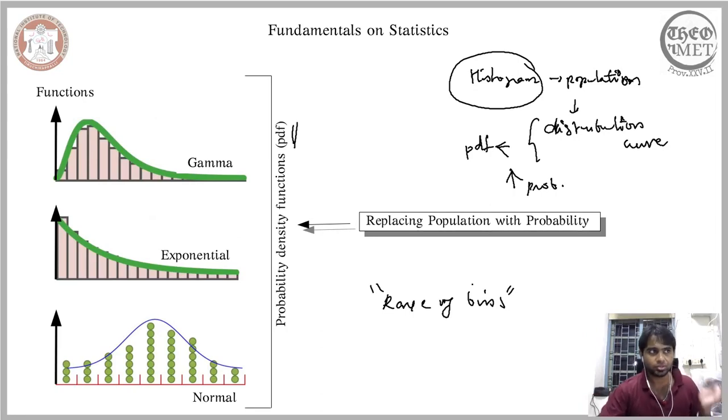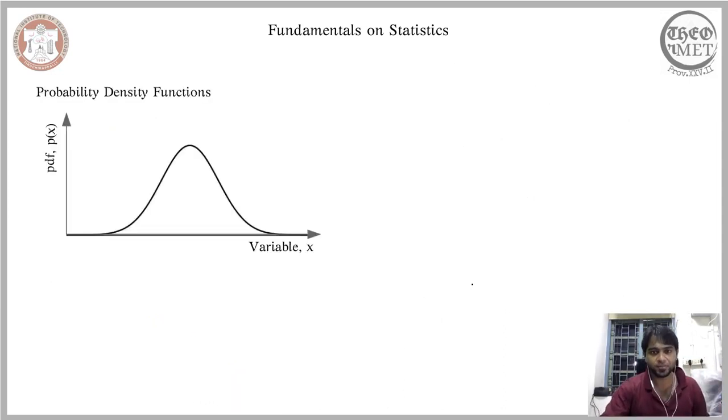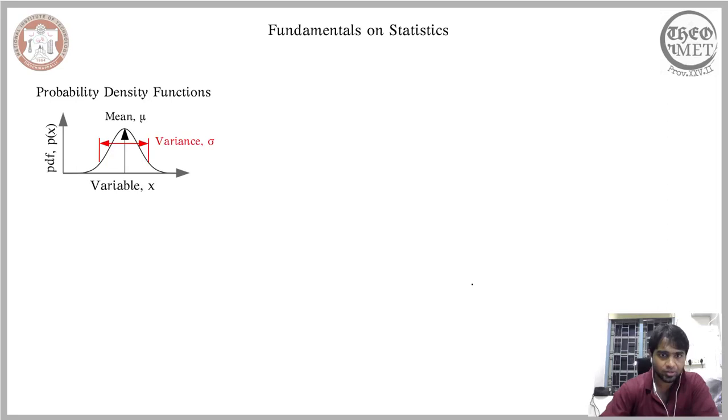Now let us get into the specific distributions, which we can now refer to as distribution functions, and let us try to express each of these functions. We will begin with this distribution here. By now you will be familiar, this is nothing but the bell curve, or what we refer to as the normal distribution. The characteristic features that define a normal distribution are the mean and the variance.